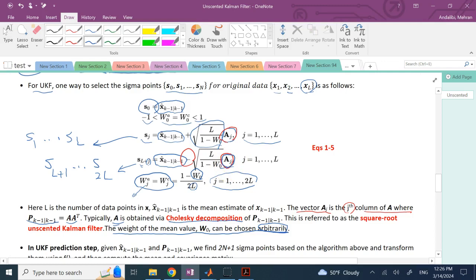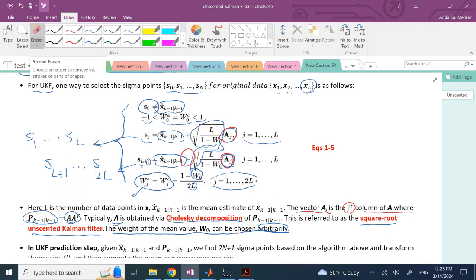And this method, by the way, we call the square root unscented Kalman filter, because here A is like a square root of this P. And you also have the square root in the formulas for picking the sigma points. So this is one algorithm for picking all of these sigma points.